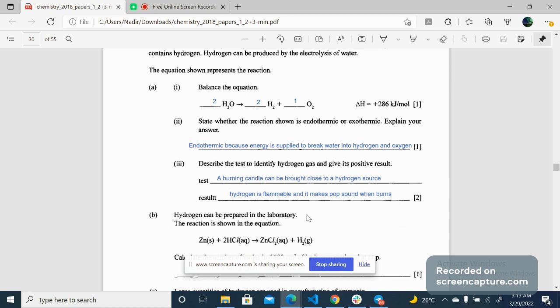We have to observe if we hear a popping sound, it means the hydrogen is getting burned from the flame of the candle.